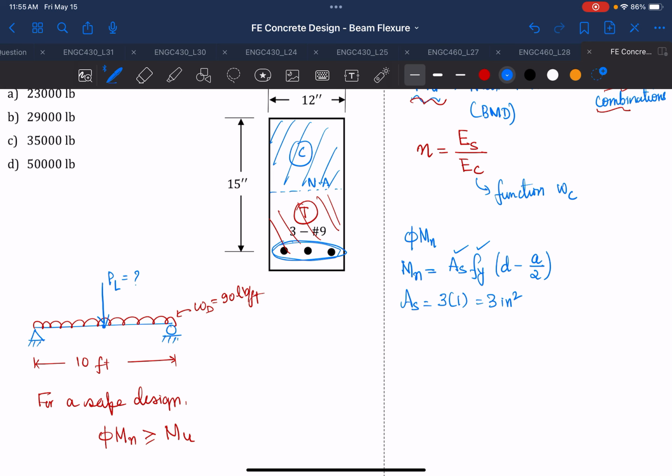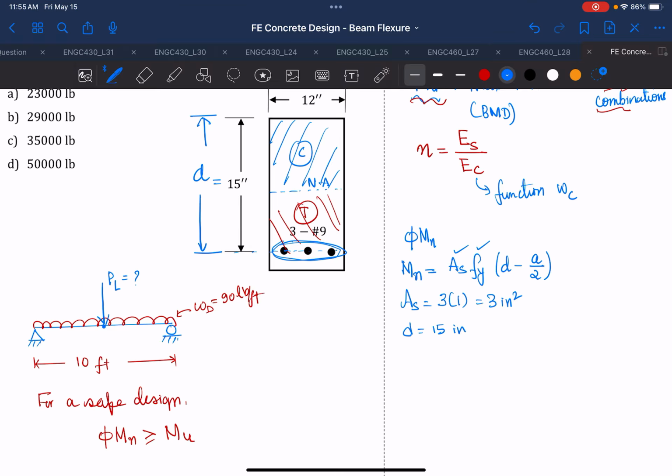Okay, so what is your d? D is your effective depth from the CG of the bar, this is your CG of the bar, to the top fiber of your concrete on the compression side. So this is your d effective depth, and effective depth is equal to 15 inch. So you have d is equal to 15 inch.